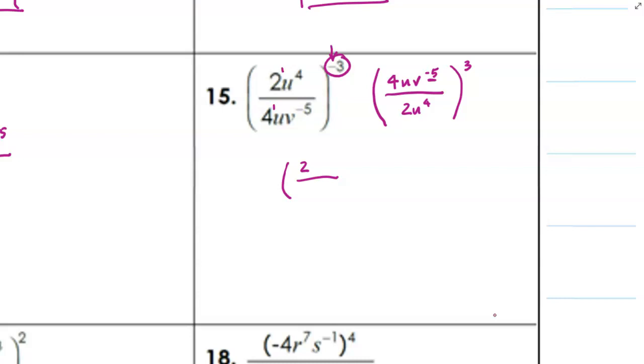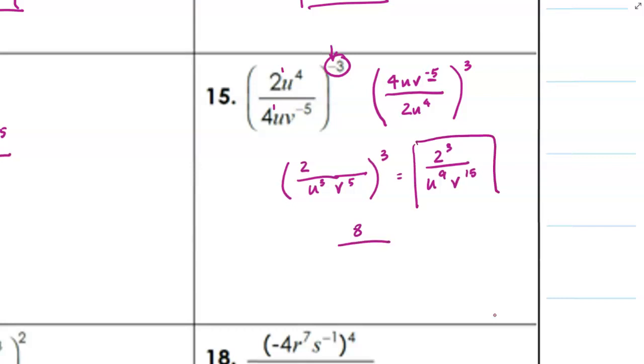And then we have u minus 4, so that's going to be u to the third in the denominator. And then v to the fifth in the denominator, raised to the third power. And then that is going to be u to the third. 3 times 3 is 9. v, 15. So 2 raised to the third power is 8.